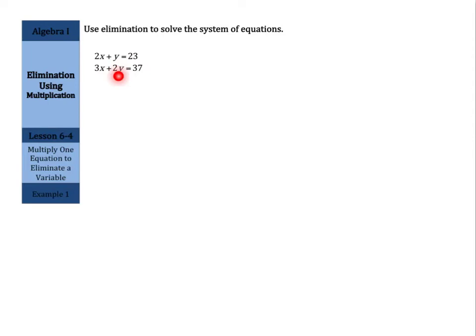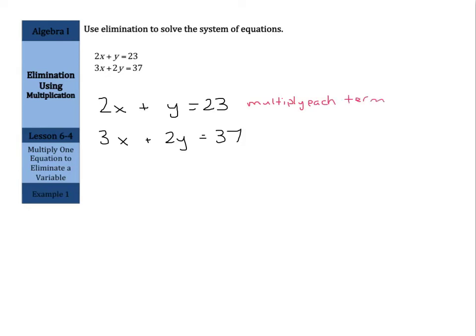So if I rewrite this as 2x plus y equals 23, and 3x plus 2y equals 37, what I'm going to do here is multiply this y by negative 2. In fact, I'm going to multiply each term in this first equation by negative 2.